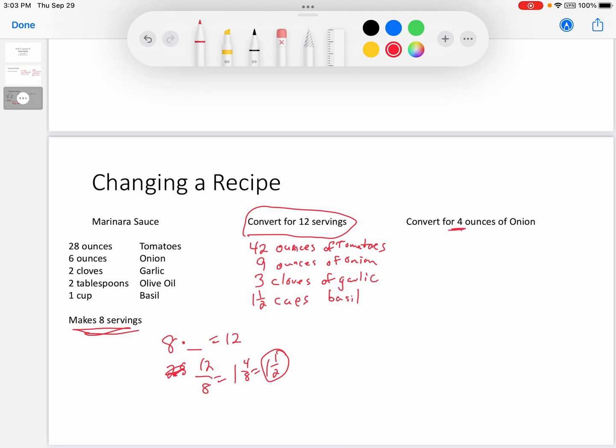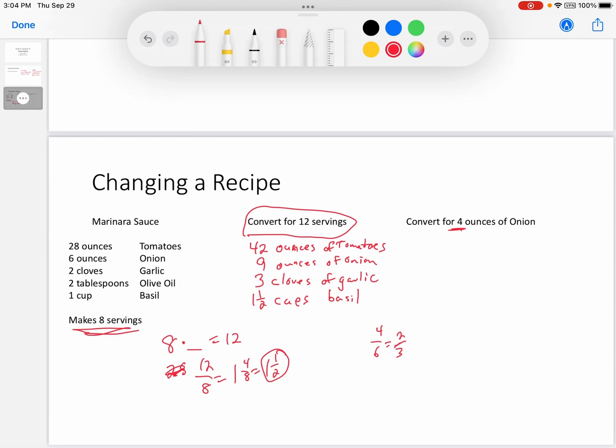So that means we need to make everything smaller. So that means we need to figure out what to multiply or divide by. Well, to go from 6 to 4, that's a little difficult. I'm actually going to do 4 divided by 6, and that's equal to 2/3. So what I'm actually going to do, rather than dividing, is I'm going to multiply each of them by 2/3.